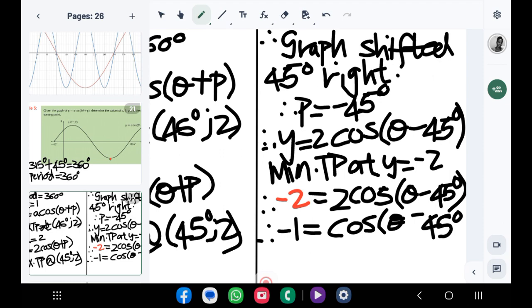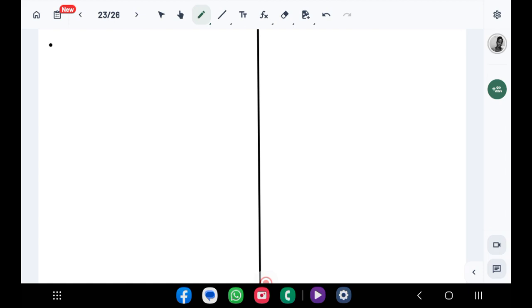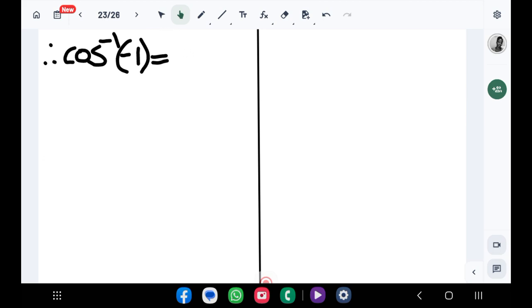Okay, therefore, to find your angle, cos to the minus 1 of negative 1 equals the angle, in this case theta minus 45 degrees.